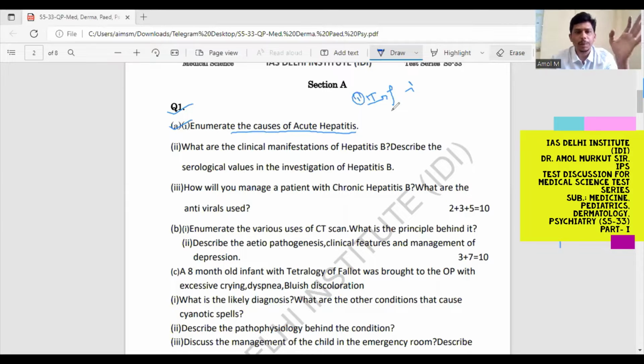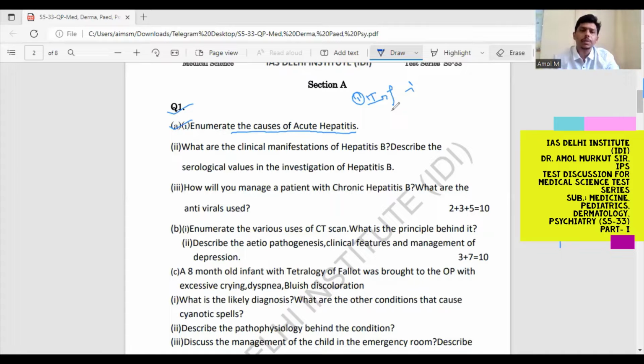Hepatitis viruses: hepatitis A, hepatitis B, hepatitis C, D, and E. Then cytomegalovirus, Epstein-Barr virus can also cause hepatitis. Then a few bacteria, sometimes intestinal infection of salmonella can go to the liver, and a few other bacteria can also cause hepatitis, but it is rare.